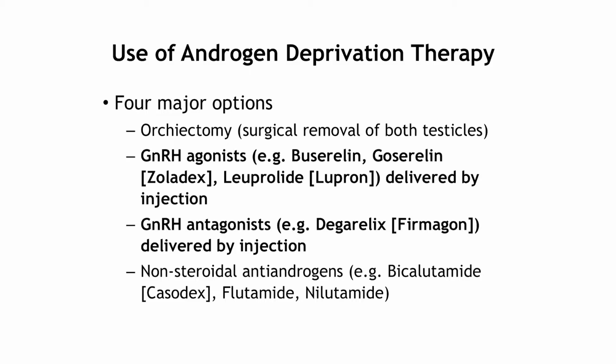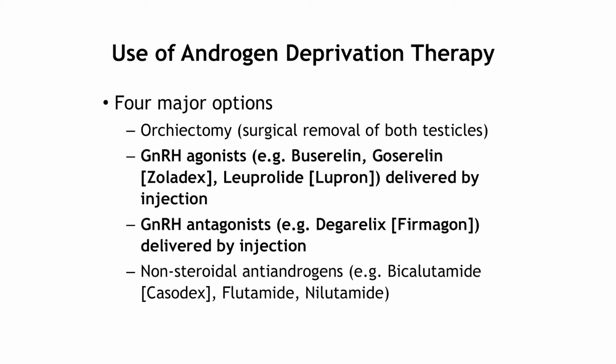Injections of either agents that stimulate a hormone in the body that leads to eventual reduction in testosterone, and these are the GnRH agonists, and the most common of these are drugs like Zoladex and Lupron, or injections that block the same hormone that stimulates testosterone, eventually leading to reduction. Now you may look and say, well, one stimulates the hormone prior to testosterone, the other blocks it.